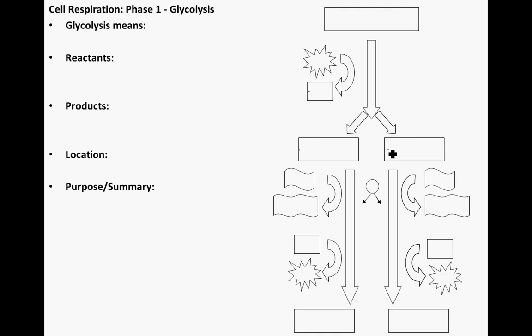And what goes on these arrows? Everything gets labeled, and this is a way for you to practice and think about what's happening. Glycolysis means reactants, products, the location, and then an overall purpose or summary. You should print that out at a minimum, or redraw that and fill those in as a way to summarize for yourself.